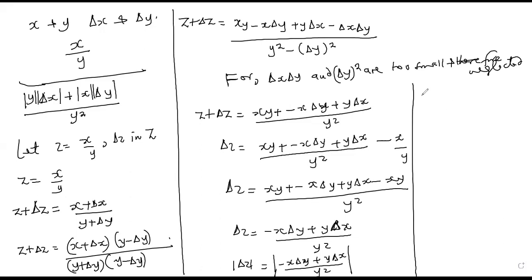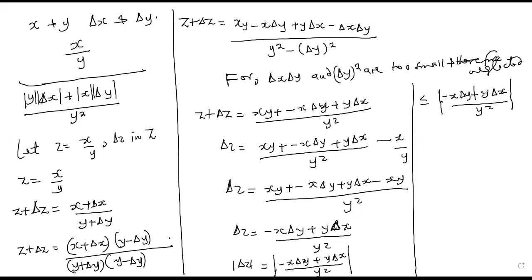Here is a point where we introduce the triangular inequality. If we bring in the triangular inequality, we shall have the magnitude of negative x delta y plus y delta x, all out of y squared.